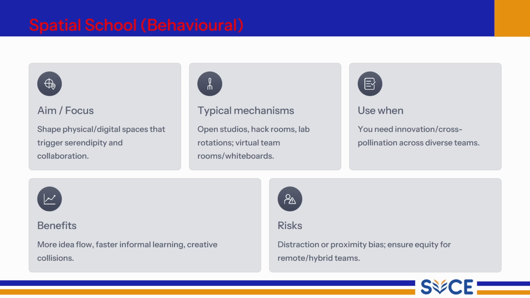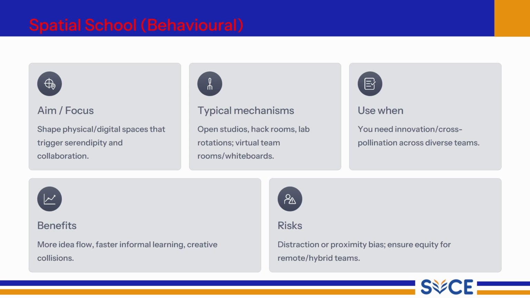This school is about designing spaces, whether physical offices or digital platforms, that encourage chance encounters and creative collaborations. The idea is that the right environment sparks innovation, that is, spaces that spark ideas.